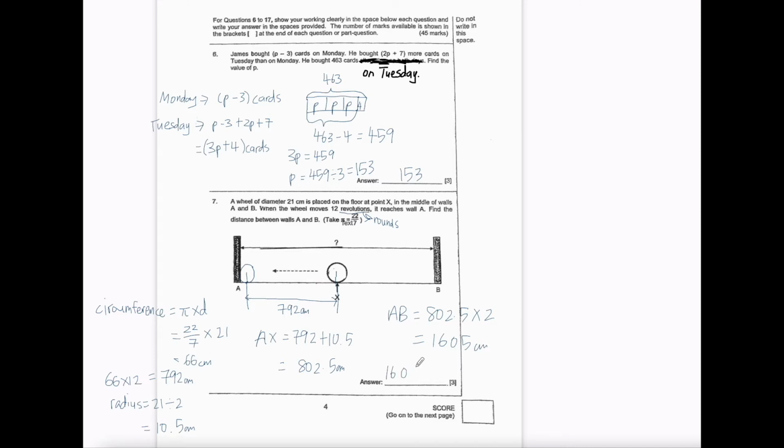Got it? A little bit complicated over here, but try and realize that every time I move, I still have a wheel left. After I move from here to here, let's say that's one round, I'll still have a wheel that's left.